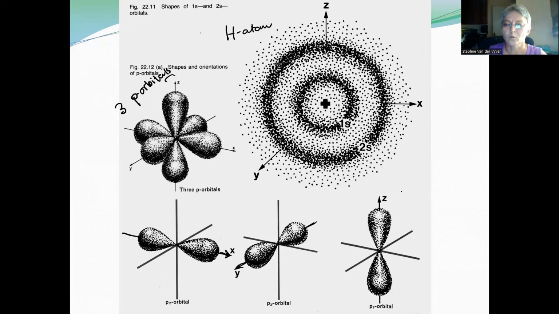And the shape of the orbital would be called lobe formed. They look like 2 teardrops tied together, or a long balloon squeezed in the middle.